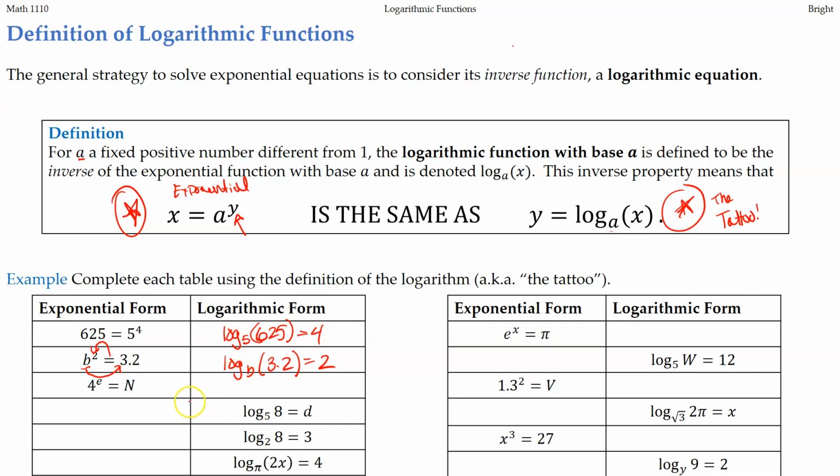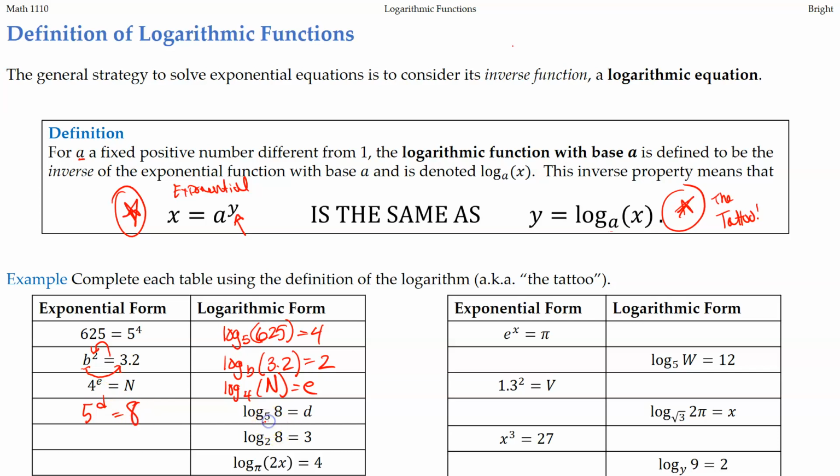So here, I'm going to have you just pause the video and try this. 4 to the e is equal to n. If you did that, you should get log base 4 of capital N is equal to e. Now we're going to go the other way because, well, why not? And actually, you need to be able to. So this is going to be 5 to the d is equal to 8.